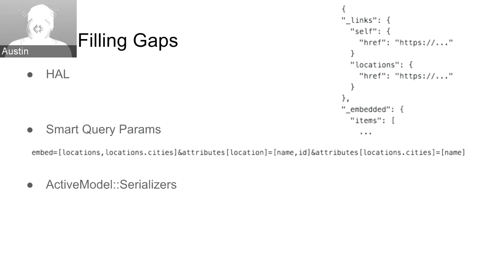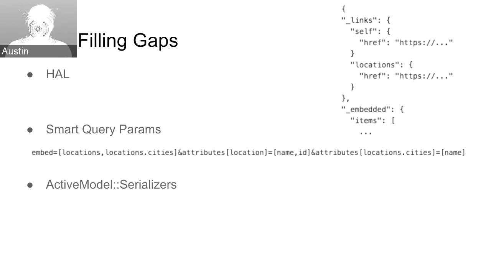And I think the last part of this, which encapsulates a lot of the problems, is that on the back end, it's hard to deliver the data that you need. I like Active Model Serializers. They're a way to basically take an object and give it to your serializer, and then it returns the data that you need.